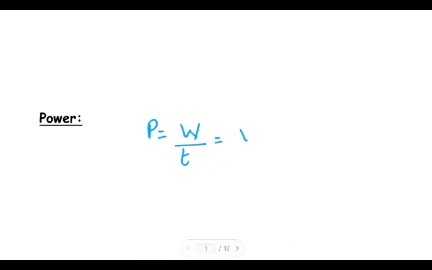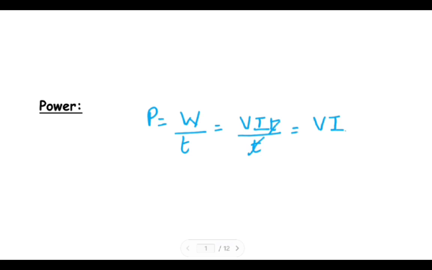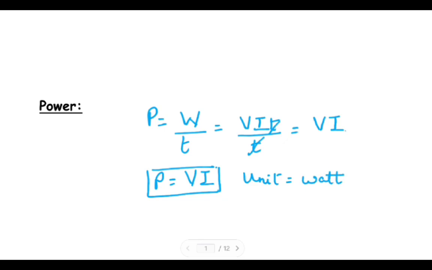It could also be voltage, current and time upon time. So time gets cancelled. So power could also be V into I. So power is equal to V into I. Yes. Unit is watt.